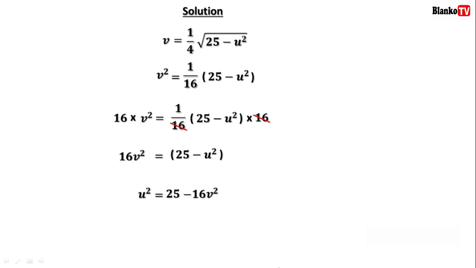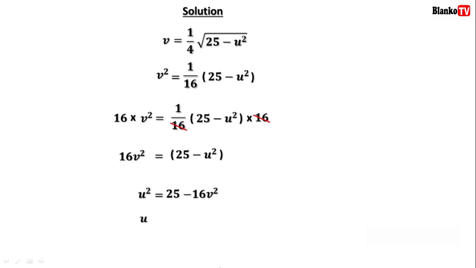Okay, so now to make u the subject, we have to move this square, and when the square crosses the equal sign to the right hand side, it becomes square root.